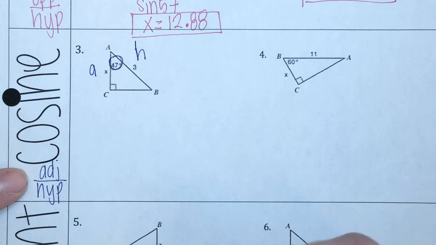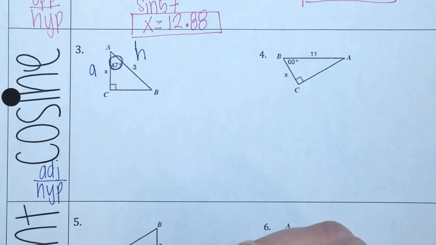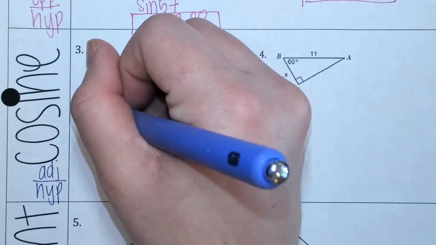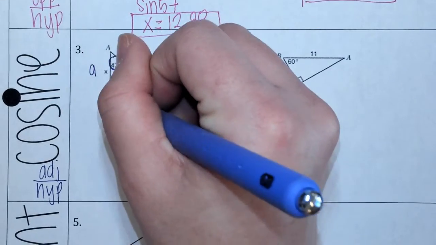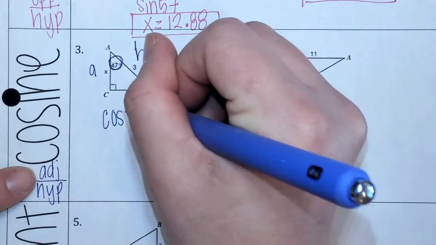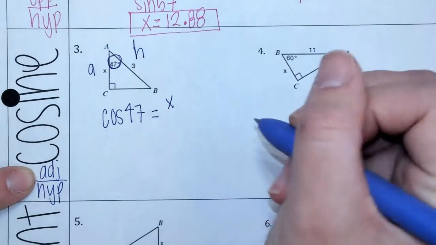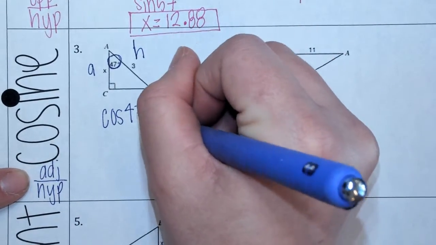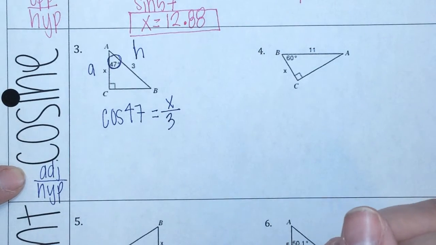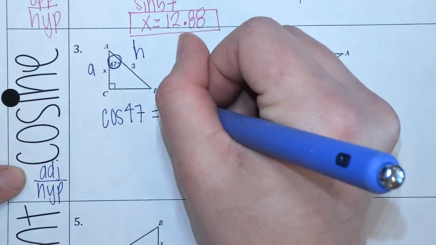Okay, so now let's set up the trig ratio in the same way. Cosine of 47 equals, your adjacent goes first, so x is up high and 3 is down low. And just multiply both sides by 3.